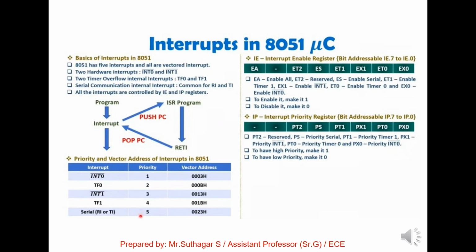If you want to have everything enabled, you can do it just by making EA equal to 1, or else make EA 0 and then enable individually. Since it is bit addressable, you can enable a particular interrupt as you wish.